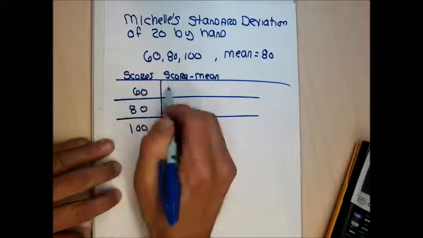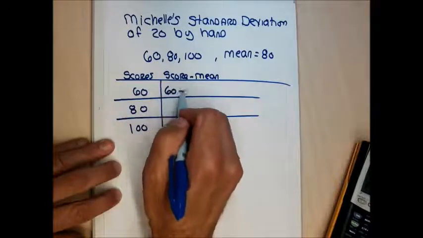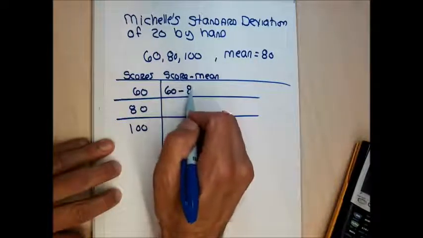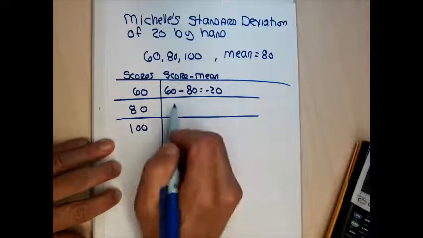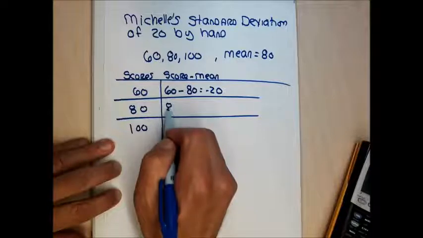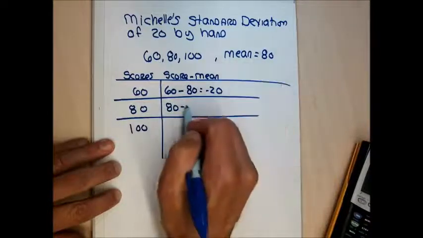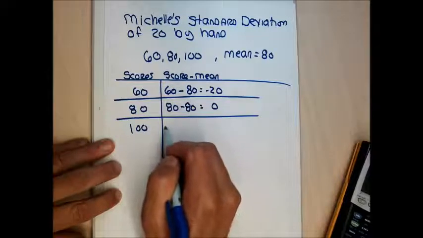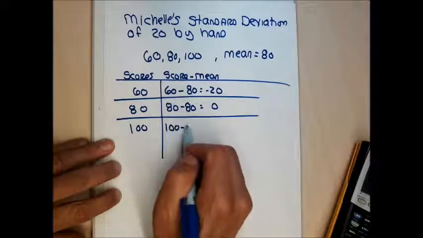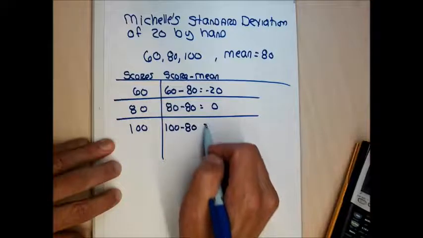So the score of 60, I'm going to minus the mean of 80, and 60 minus 80 is negative 20. I'm going to take the score of 80 and subtract the mean of 80. 80 minus 80 is 0. And take the score of 100 and minus the mean of 80 and get 20.